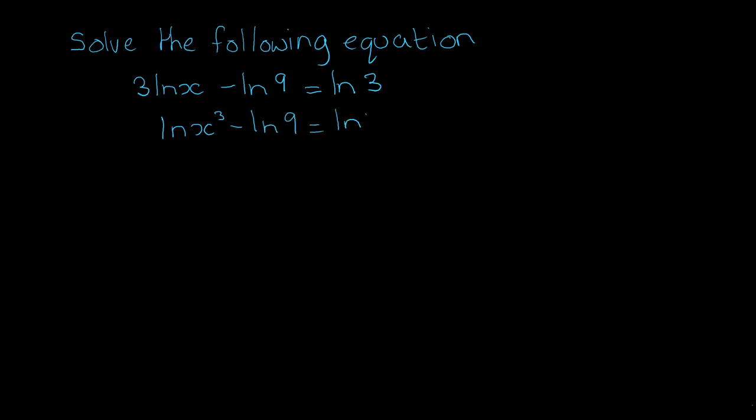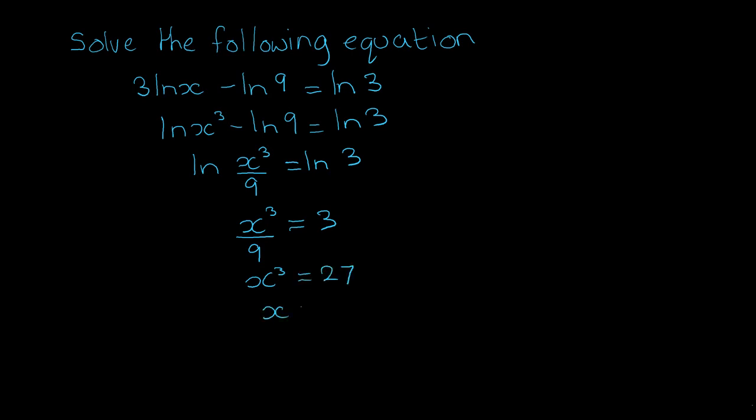Then we're going to use the log law to make it into ln (x^3 over 9). And now we're just simply going to remove the logs from both sides. So we get x^3 over 9 equals 3. So x^3 equals 27. So the cube root of 27 is 3.